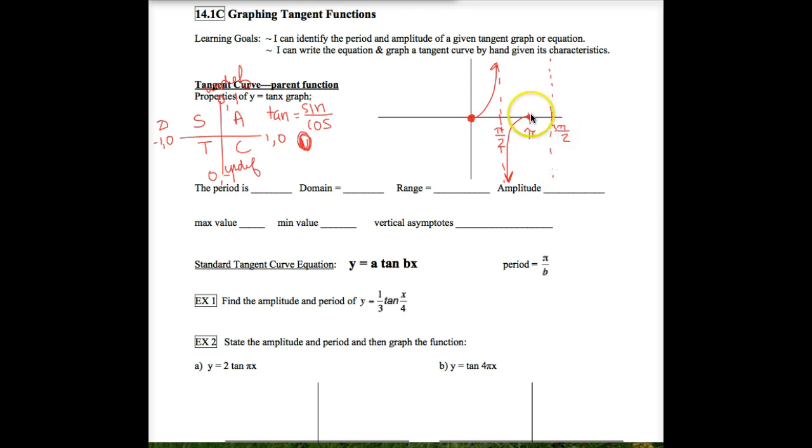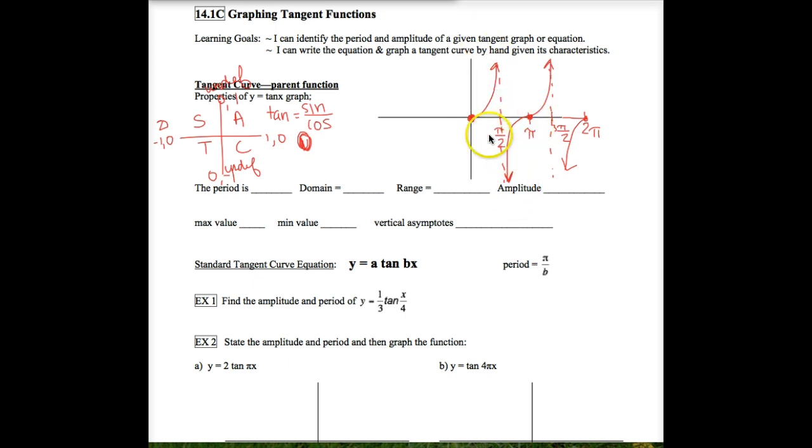Now, we're graphing more than a full period here just because I want to show you what the shape does. If I extend this graph out to 2 pi, again, it comes back at 2 pi, so it looks like this. But that's more than one full period because it goes up, it's down, and it's back to its starting point.